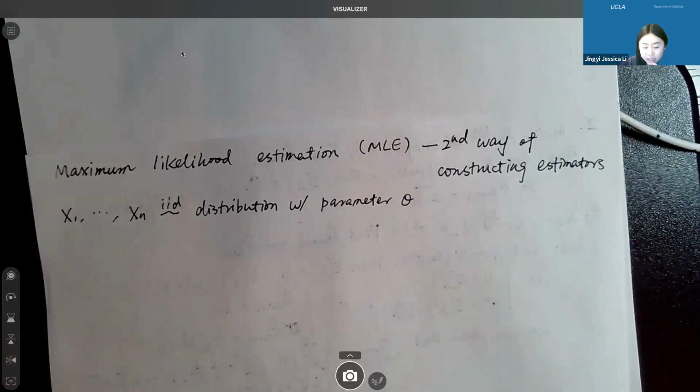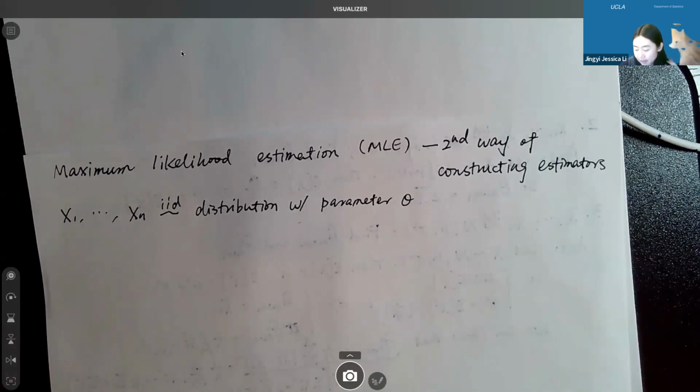But in this case, we are considering that the distribution has a probability density function which is known, or a probability mass function which is known, depending on whether the distribution is continuous or discrete.